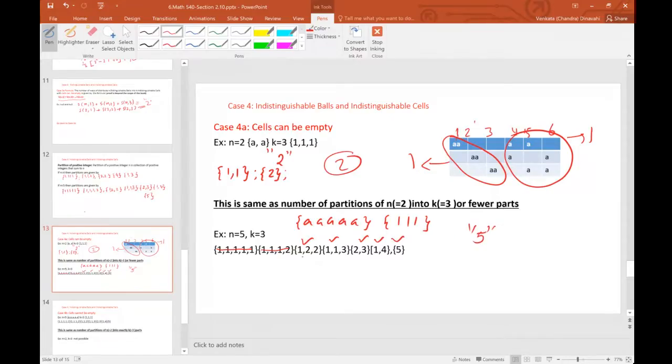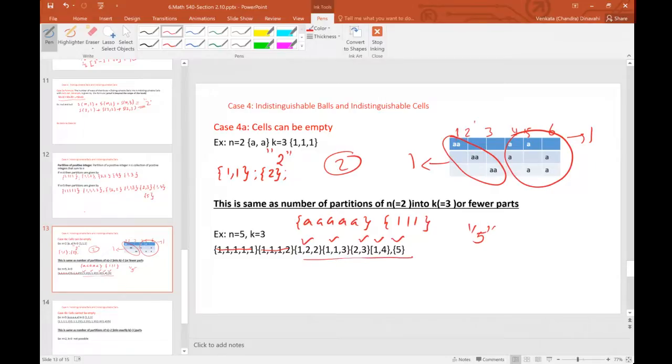That means this partition represents: on one cell I'm placing 1 ball, on one cell I'm placing 2 balls, on one cell I'm placing 2 balls. This is: on one cell I'm placing 1, on one cell I'm placing 1, and I'm placing 3 balls on the other. This tells you on one cell I'm placing 2 balls, on one cell I'm placing 3 balls, and one cell is empty. Whereas in this, I'm placing all the 5 balls in one cell and the other 2 cells are empty.